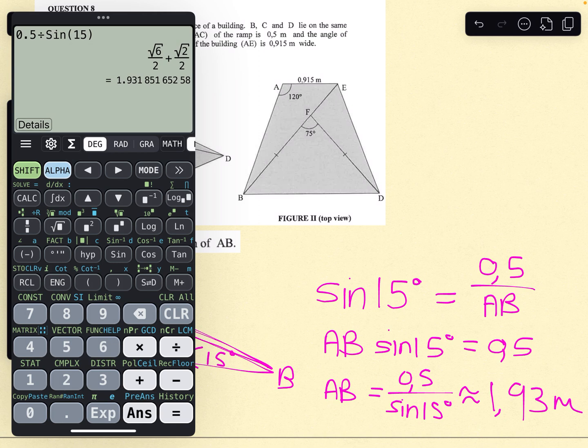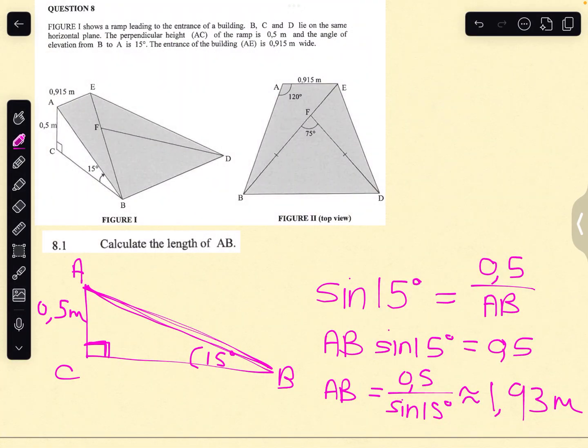But we will store this in case we need to use it. Okay, right. So that is our answer for AB. Just going to fill it in there.